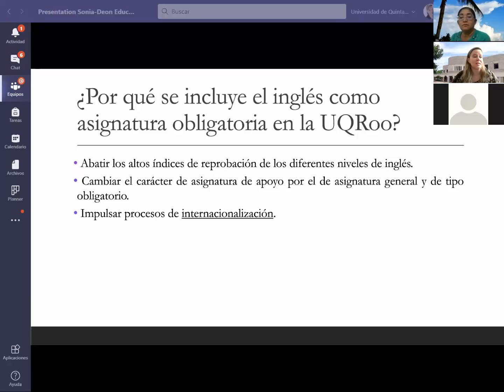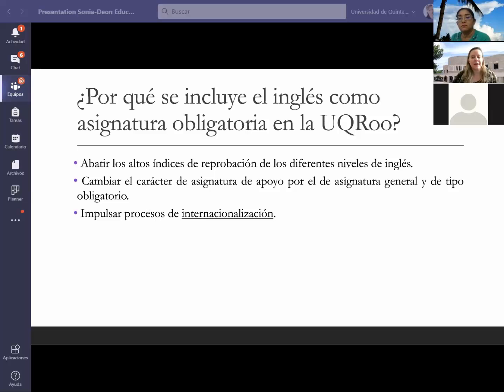Entonces había muy altos índices de reprobación, llegaban también al final de la carrera y no se podían titular porque no tenían el nivel de inglés, ¿ok? Entonces por eso el objetivo de cambiar el carácter de asignatura de apoyo e incluirla como una de formación general.